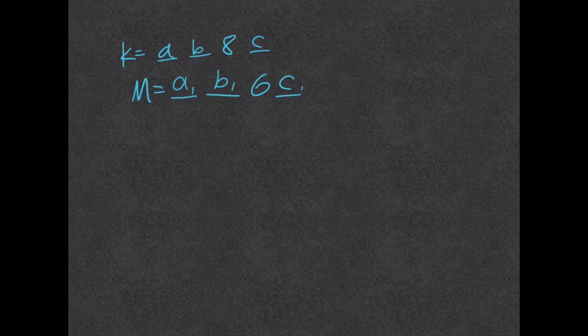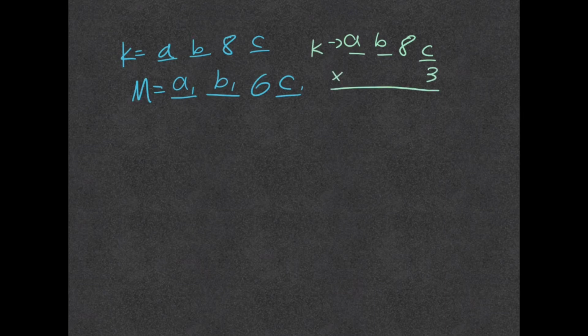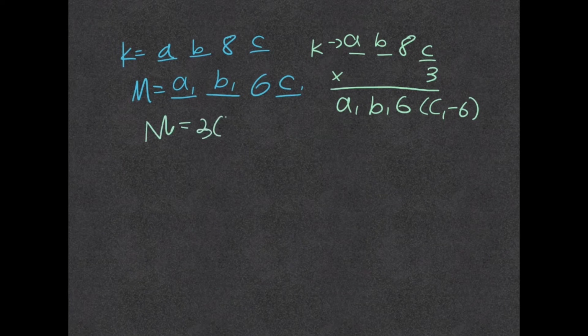So, next, this is another basic thing that we definitely need in order to solve this question. This one is K, as you all know, times 3 will be... because if M is equal to 3 times K plus 2, it means that M is equal to 3 times K and then 6.